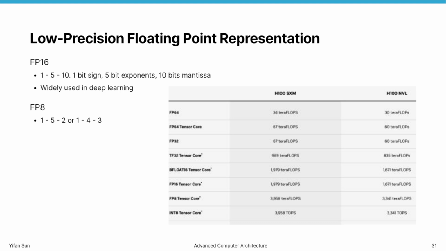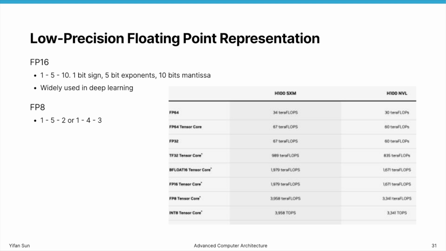Now it's widely used in deep learning, especially a few years ago. If you consider LLMs, we're starting to use FP8, or some people are even using FP4. There are two different ways to represent FP8. It's 1, 5, 2, which has more range but very low precision.